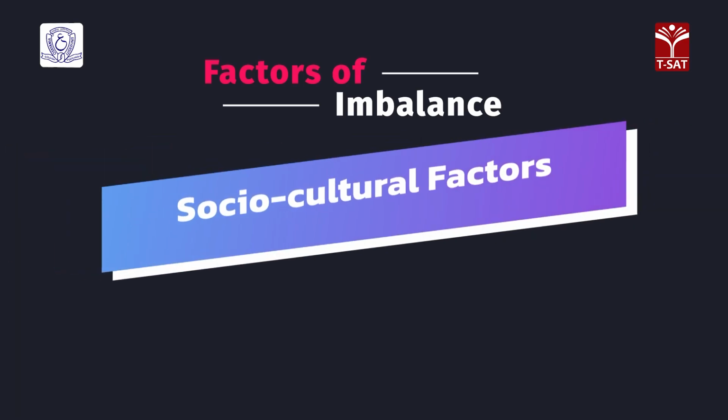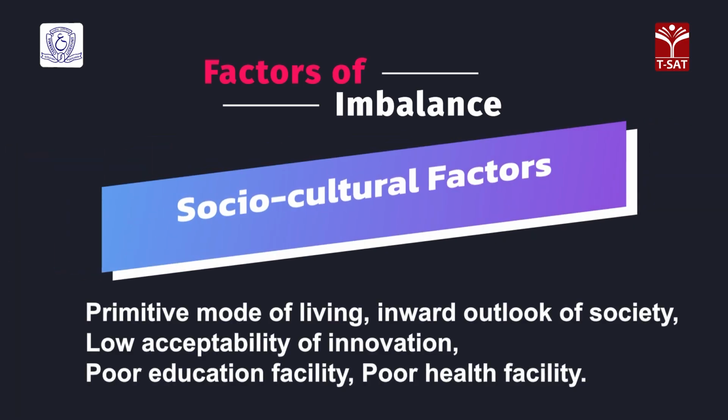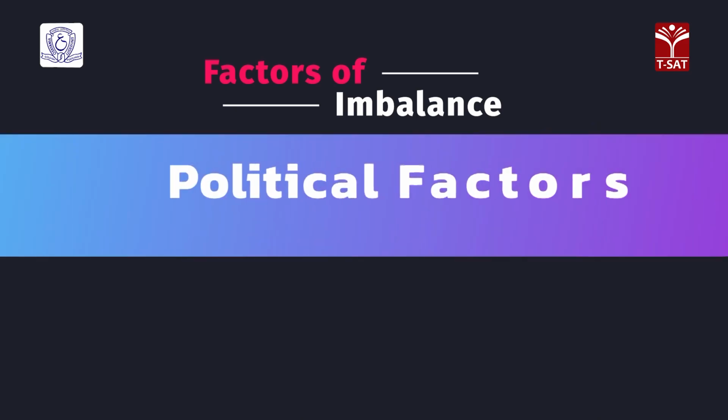Socio-cultural factors. The primitive mode of living, inward outlook of society, low acceptability of innovation, poor education facilities, poor health facilities. The political factors. The planned period after independence in terms of government policies led to regional imbalances.